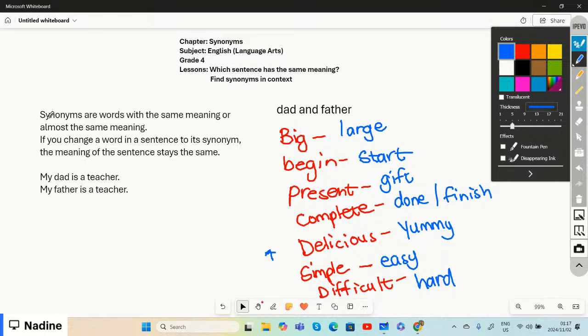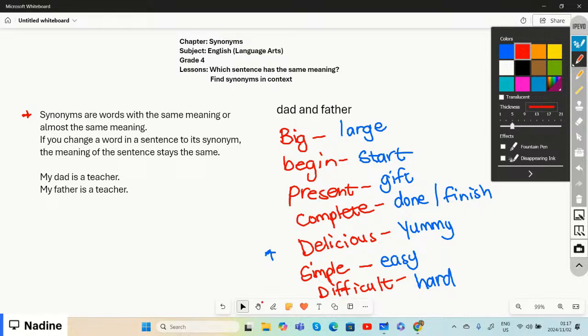And we said that when it comes to synonyms, synonyms are words with the same meaning or almost the same meaning. And if you change a word within a sentence to its synonym, then the meaning of the sentence stays the same.